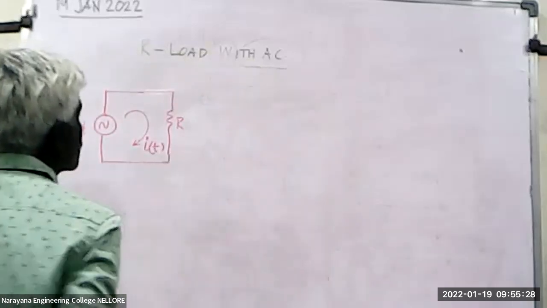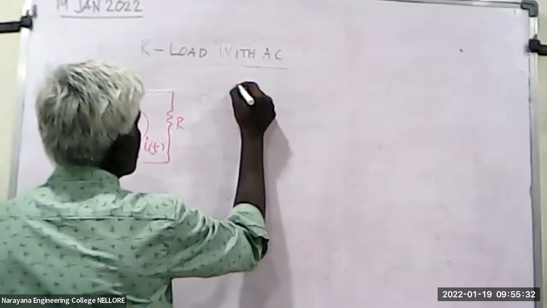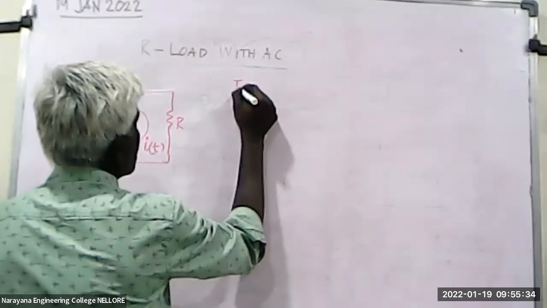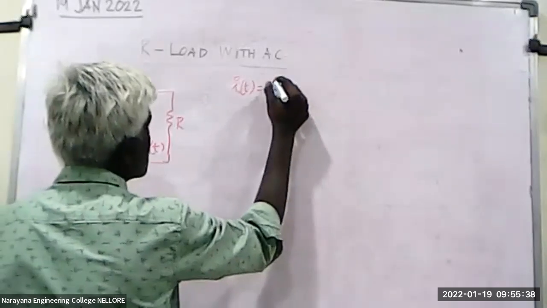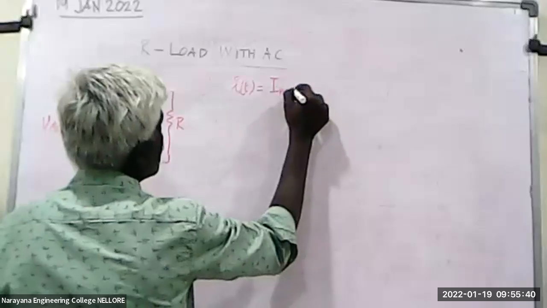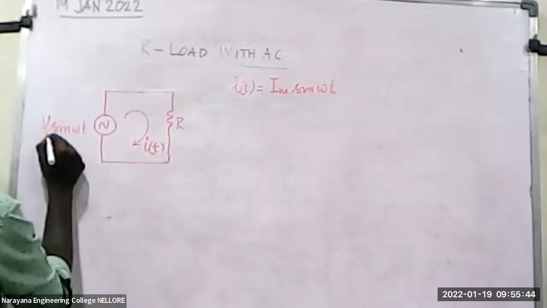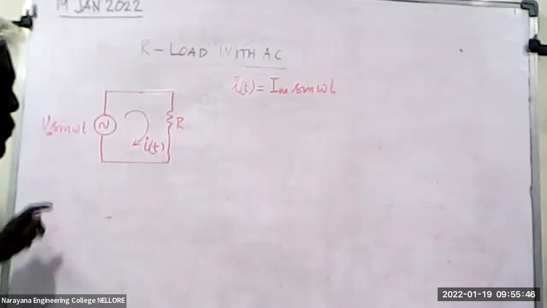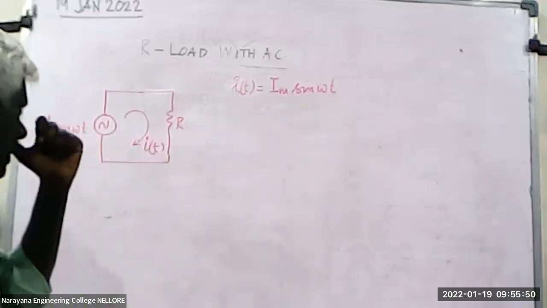This is R, and let us consider the current i(t) which flows here as Im sin omega t. Here we take the applied voltage as Vm sin omega t. The current is Im sin omega t.